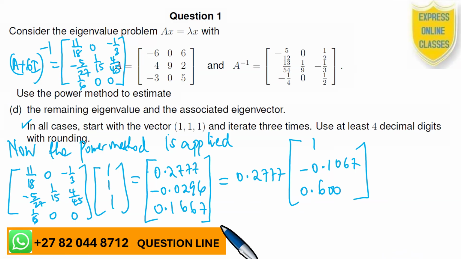And then now we're going to do the next iteration. Right, and we need to obviously iterate 3 times. So let us do another one.